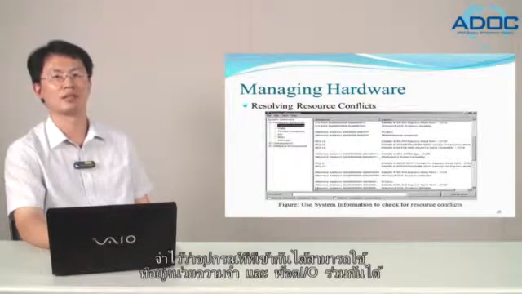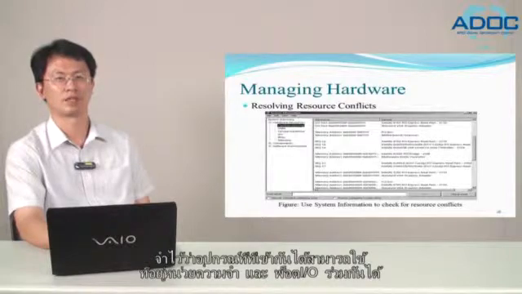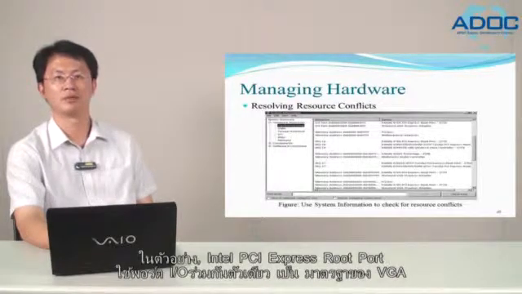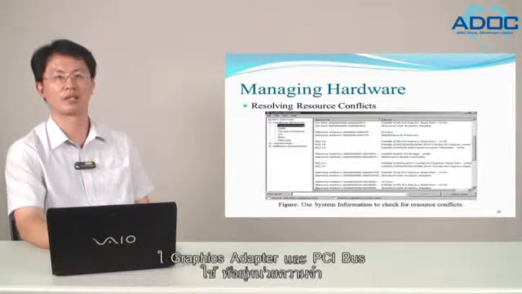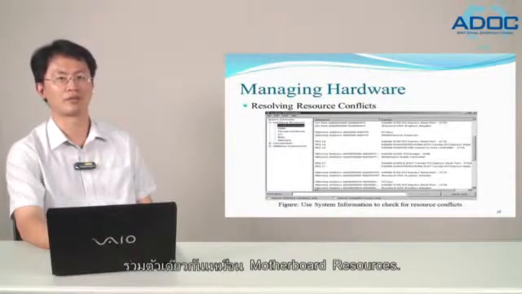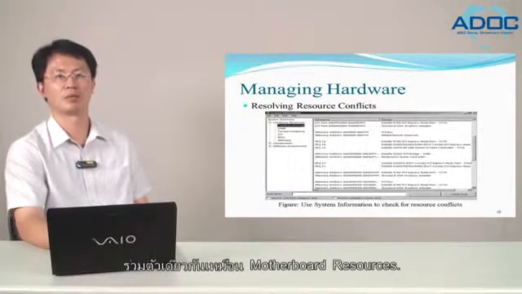Keep in mind that related devices can share memory addresses and I/O ports. And in this example, the Intel PCI Express root port shares the same I/O port as the standard VGA graphics adapter. And the PCI bus shares the same memory addresses as the motherboard resources.